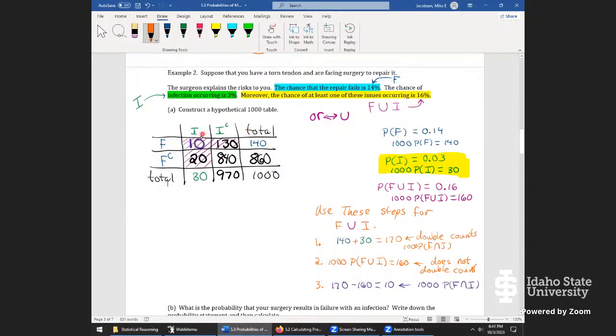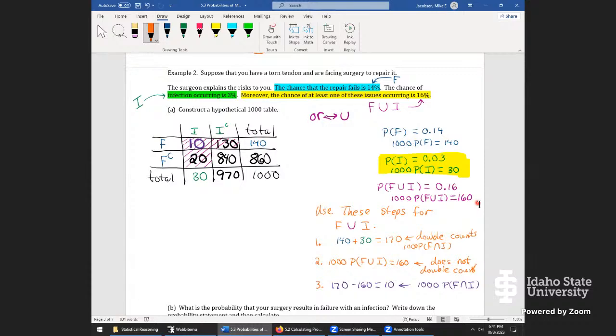If you did that, you'd have to take the counts of 10 plus 130 plus 20. That will give you the 160 that we are expecting. So if those numbers do add up, where it's highlighted in purple here, then we've done it, folks. We finally have our hypothetical 1,000 table. Well, any questions or comments so far, folks, to this stage?